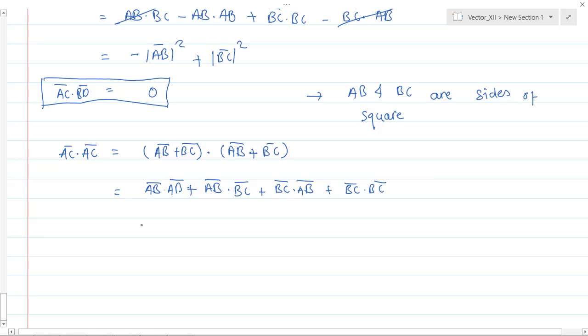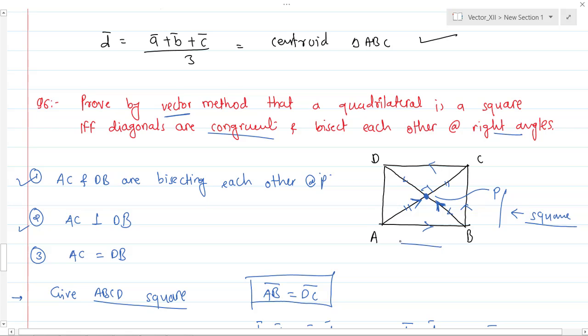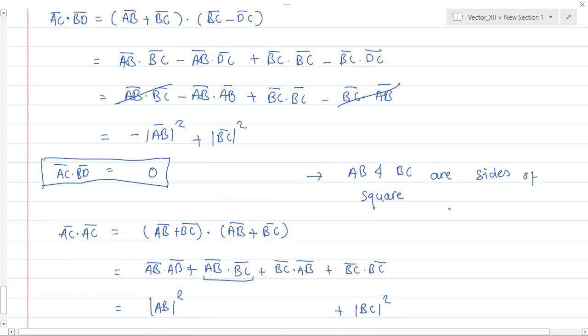See here, AB bar dot AB bar becomes AB square, and BC bar dot BC bar becomes BC square. Now see here, what is AB bar dot BC bar? These two are perpendicular to each other, so their dot product should be equal to what?